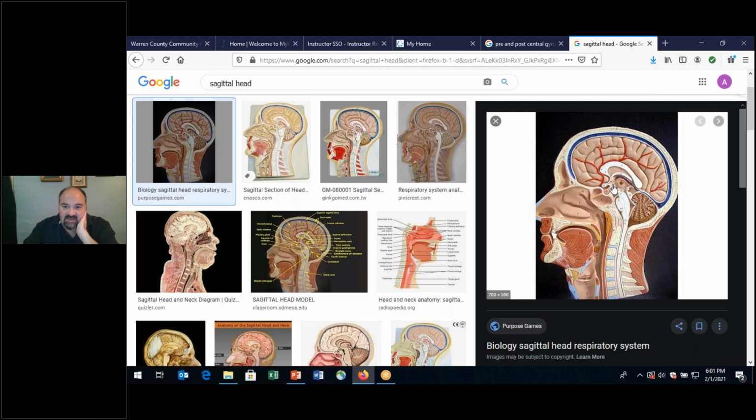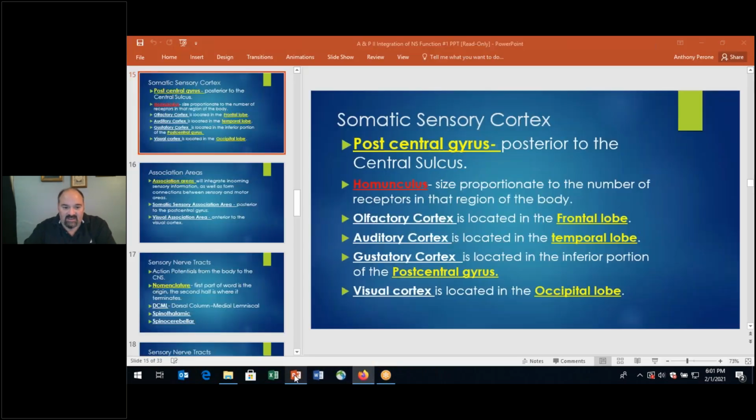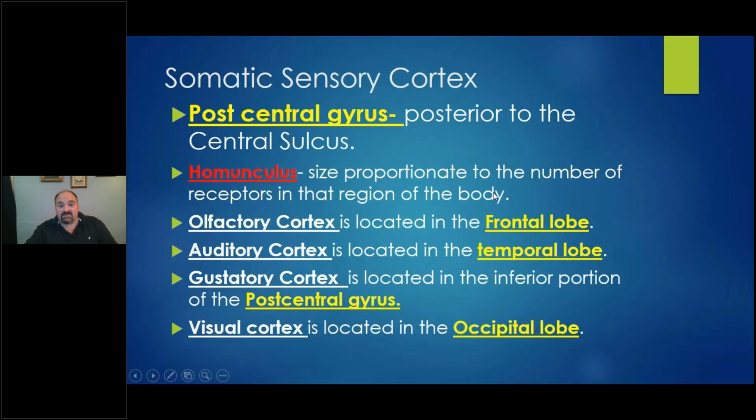Anterior to that would be the hypothalamus. But the third ventricle, the thalamus, is the area where sensory input will relay through. It's the relay station, and then it goes to the postcentral gyrus, the somatic sensory cortex, okay?